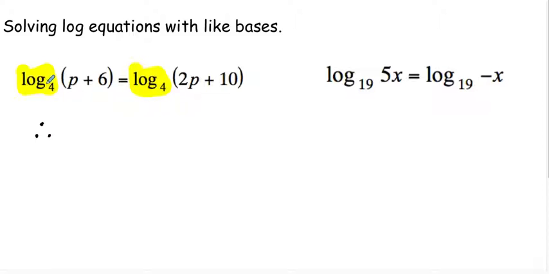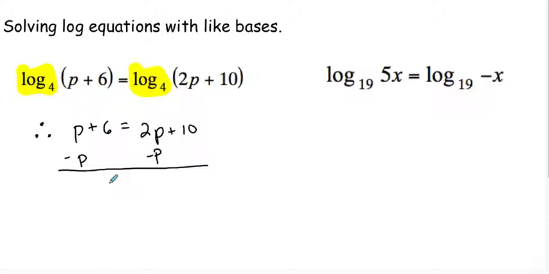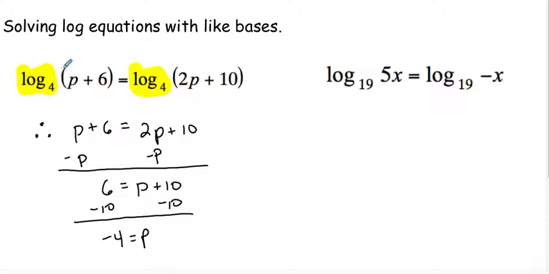Okay, so if you're taking the log of base 4 and the log of base 4, then the arguments must also be equivalent. So I can just go ahead and solve this like I would solve a linear equation. So 6 is equal to p plus 10, so subtracting 10 from both sides. Negative 4 is equal to p.